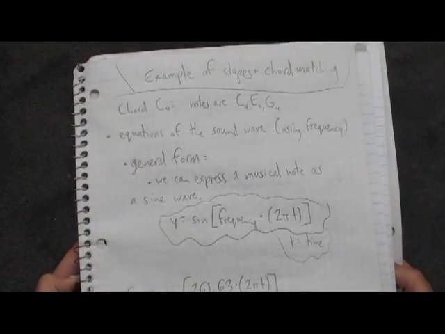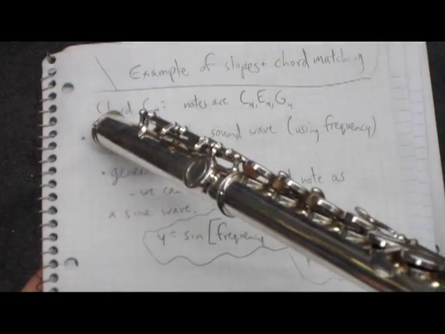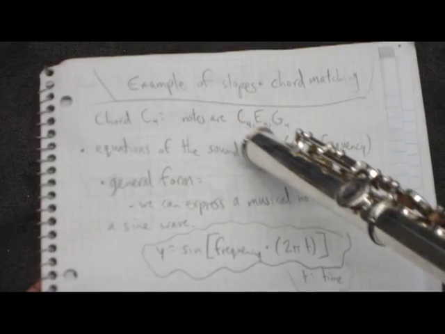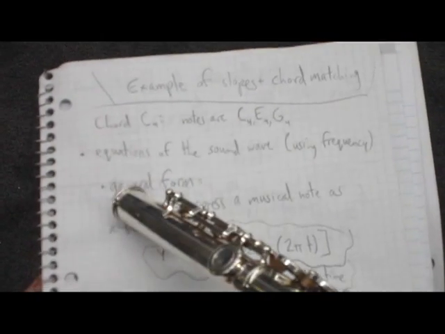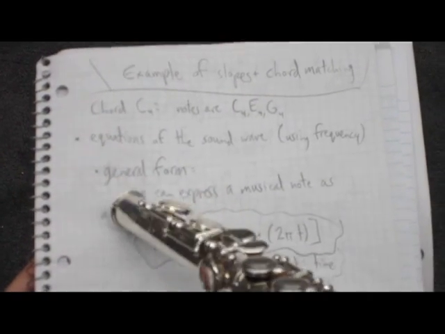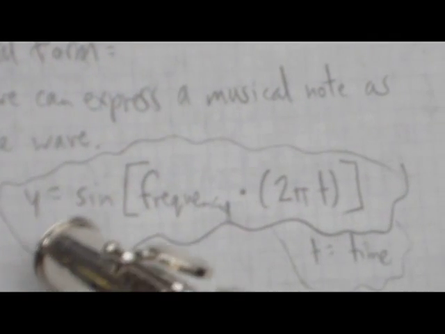Okay, here's an example of a matching chord. Chord C. The notes are C, E, and G. For the equation of the sound wave using frequency, we can express a musical note as a sine wave: y equals sine of frequency times 2 pi t. 2 pi is for the interval, t is for time.